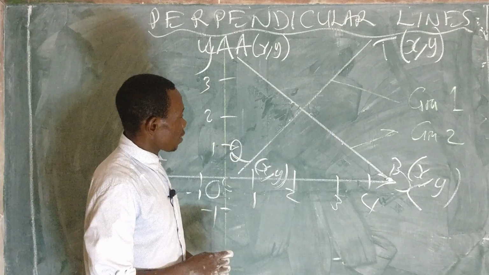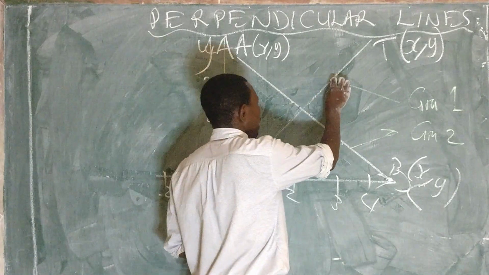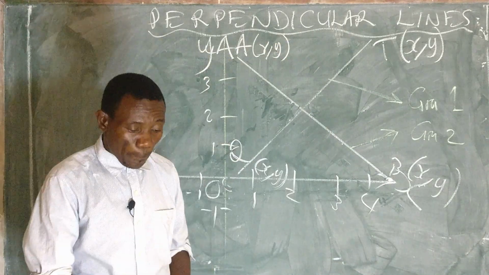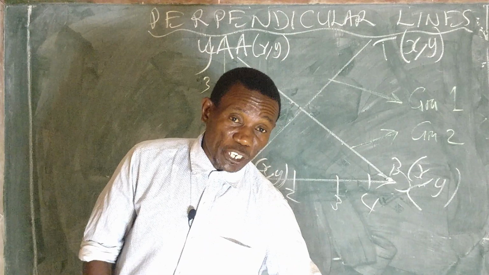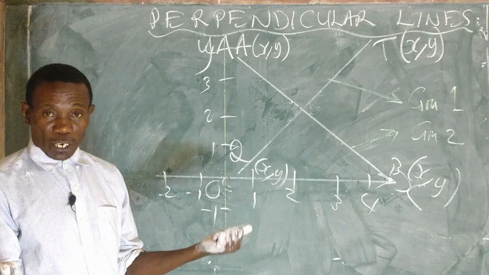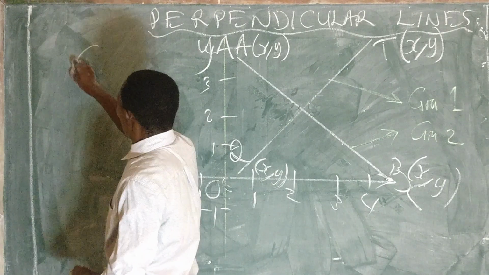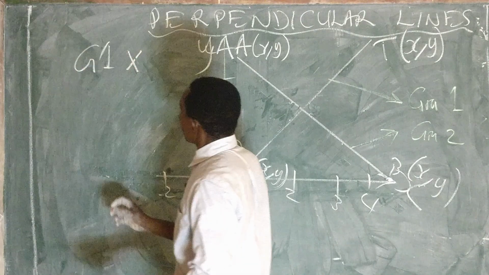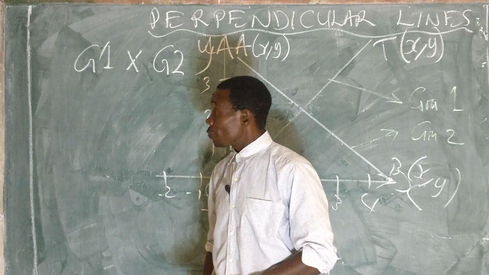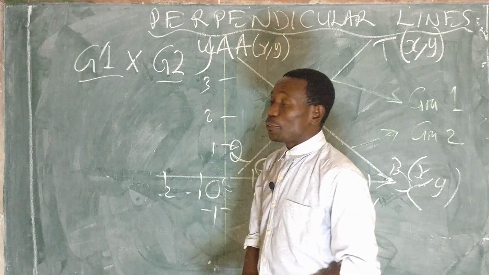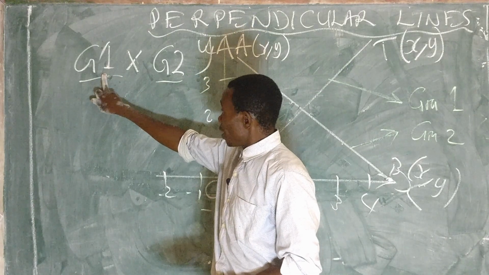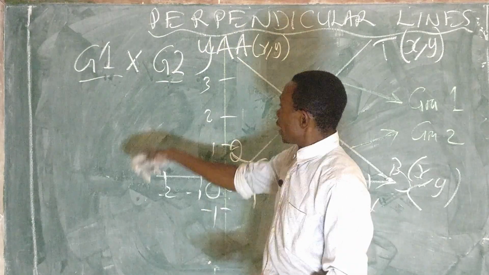What you're going to notice is that if you calculate the gradient of one line and the other line, for the 2 lines which are perpendicular to each other, you find the product of the gradients, meaning gradient 1 multiplied by gradient 2. I have got the gradient of one line being G1, and the other one is G2.